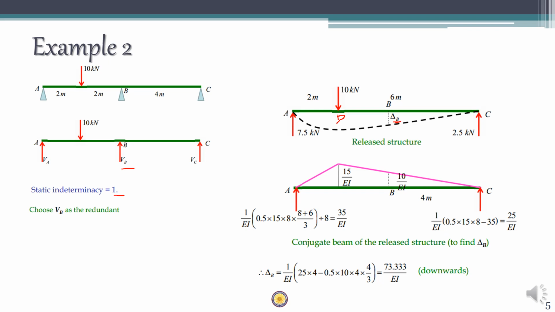The next step is to calculate the reactions on the conjugate beam. For that, consider moment at C as 0.